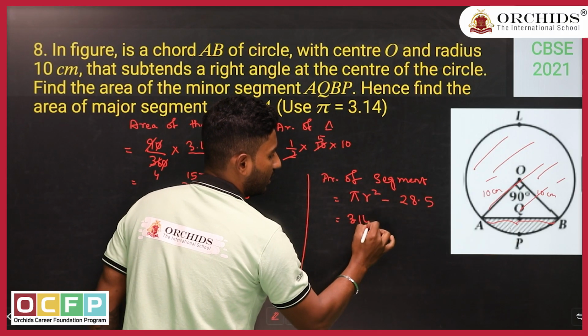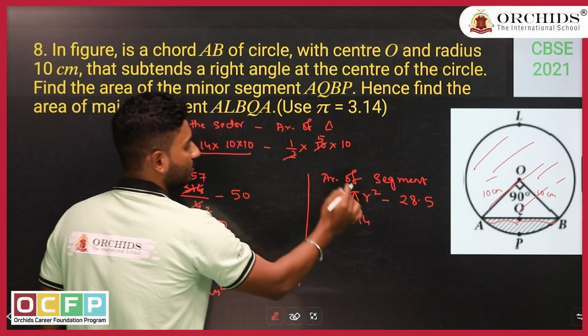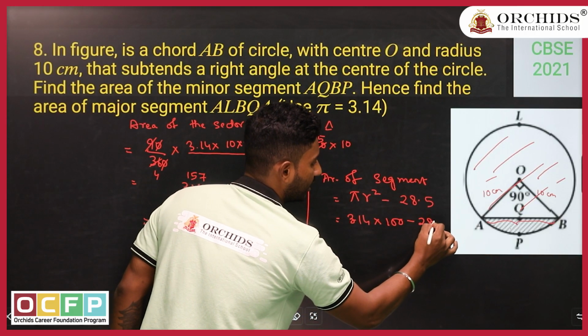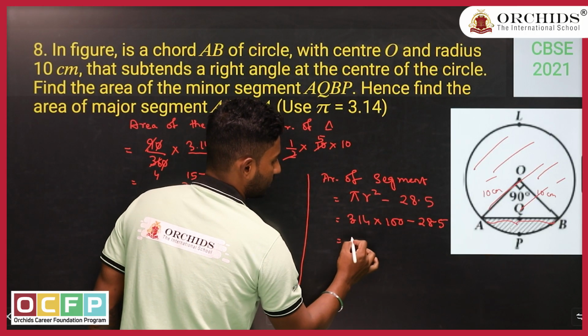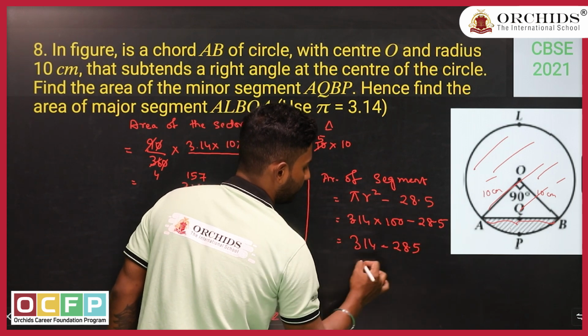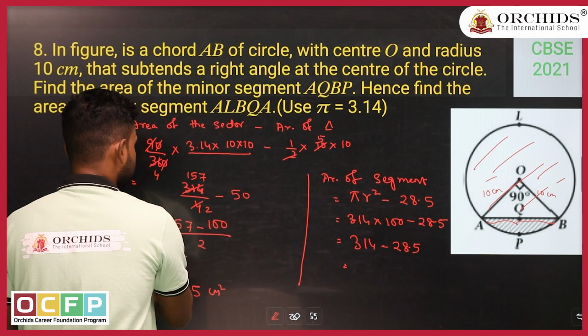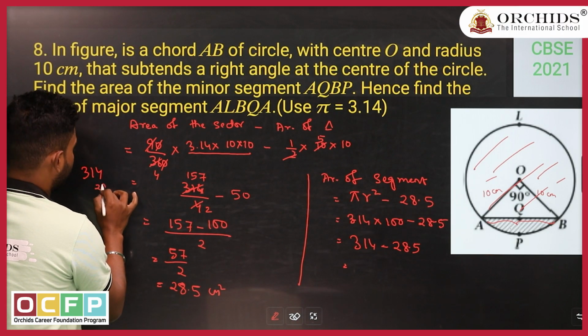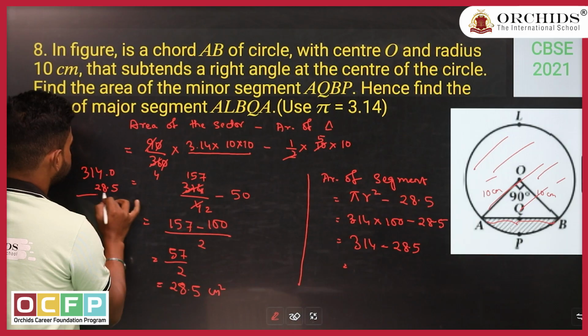So pi will be 3.14, into r is 10, so 100, minus 28.5. So this one will be 314 minus 28.5. So if I subtract 314 and 28.5, let's see what we get.